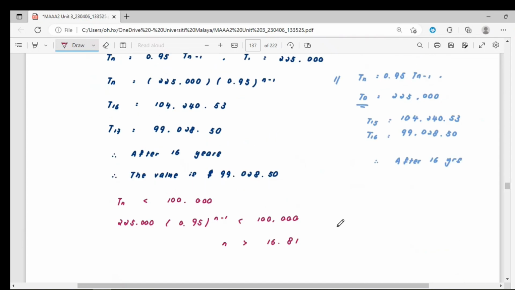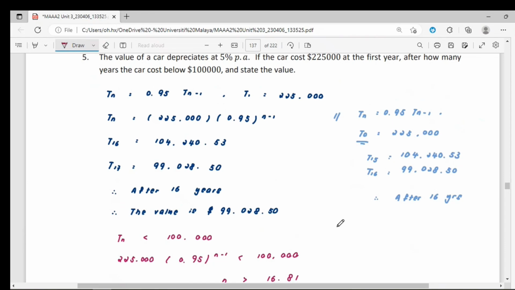Now let me try to explain further. When you flip the sign, only then does this make sense. Why? Because you are finding at which year the car falls below the 100,000 mark. So it cannot be less than. It's supposed to be the 17th year, 18th, 19th, 20th, 21st year: the older the car, the more the car will cost even less than 100,000.